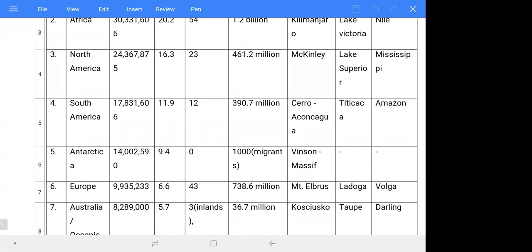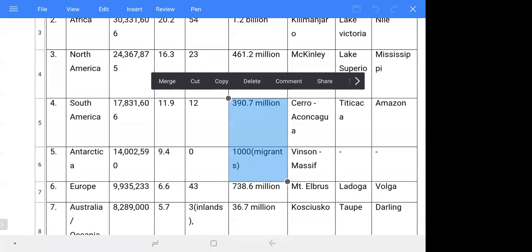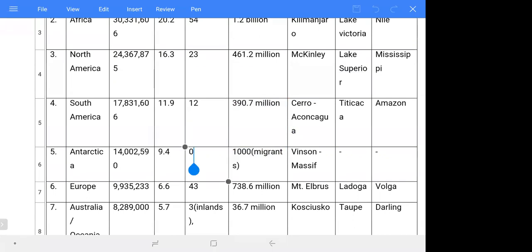So you can see the rest of the major features of these 7 continents. But let's talk about Antarctica. Antarctica is different from the rest of the continents, you know, yes? Antarctica is a snow-covered continent.